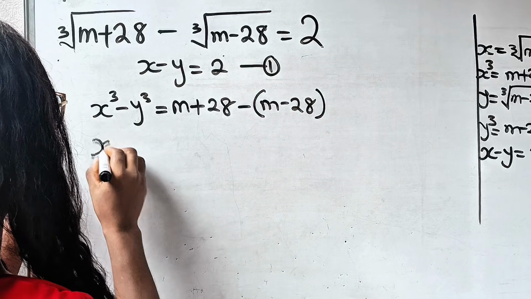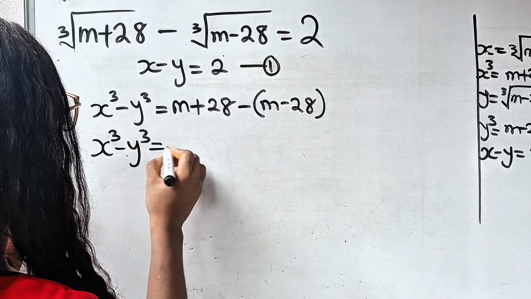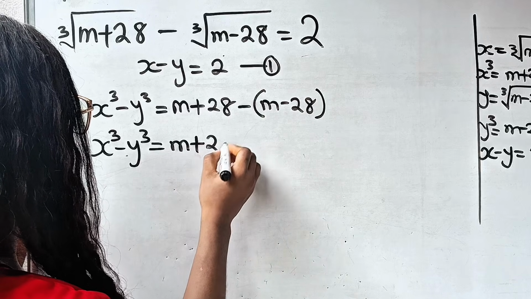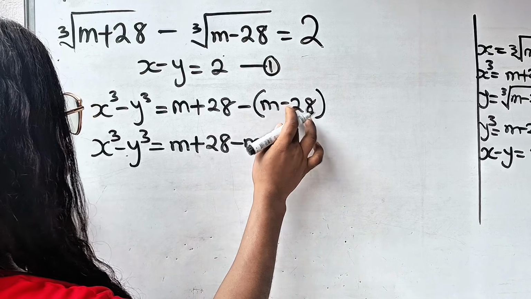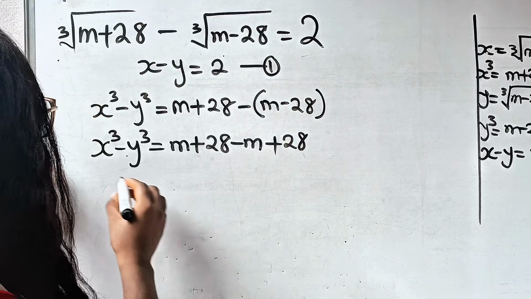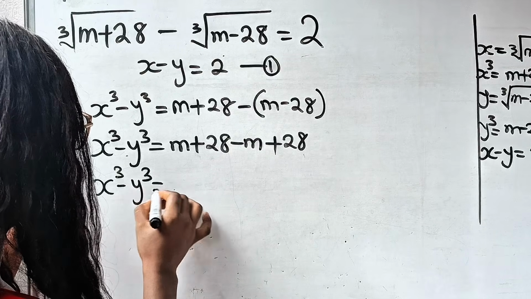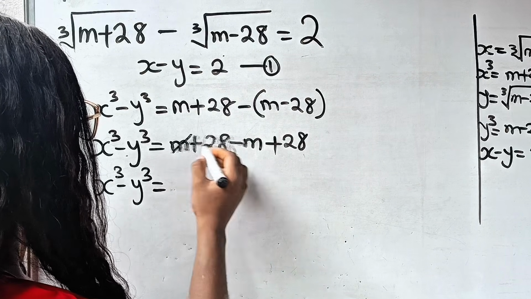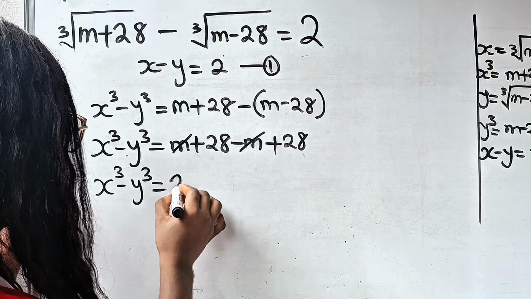So we solve for that: x to the power of 3 minus y to the power of 3 is equal to m plus 28. Now minus times m is minus m. Minus times minus is plus. Then we have our 28. So we have x to the power of 3 minus y to the power of 3 is equal to m minus m, right? So we are left with 28 plus 28.